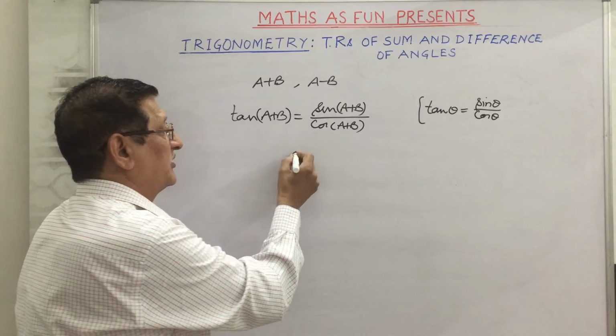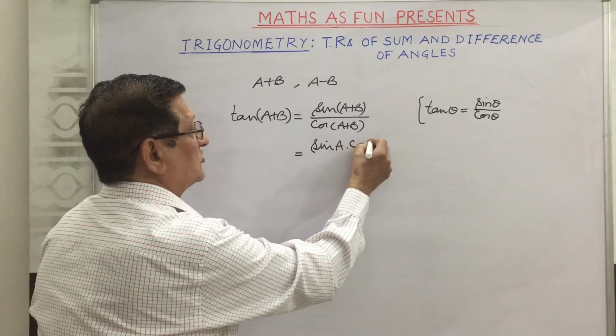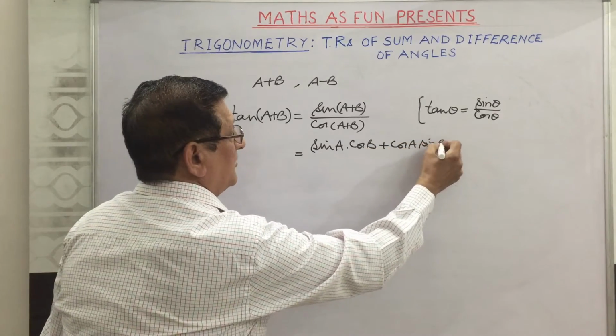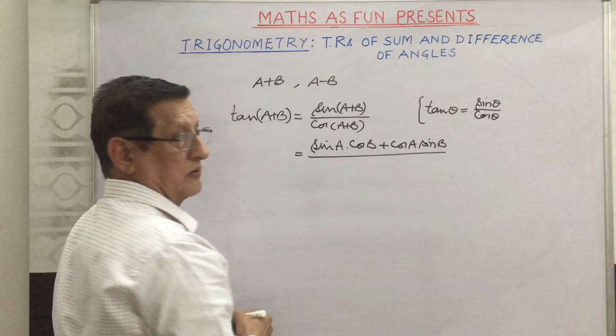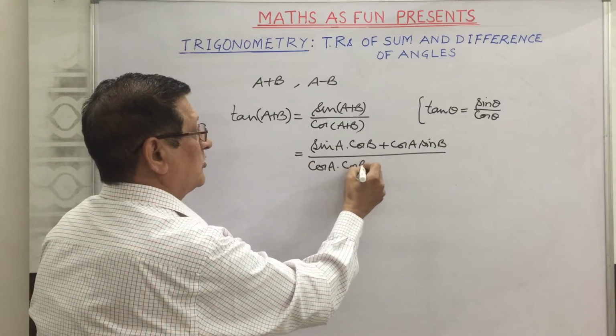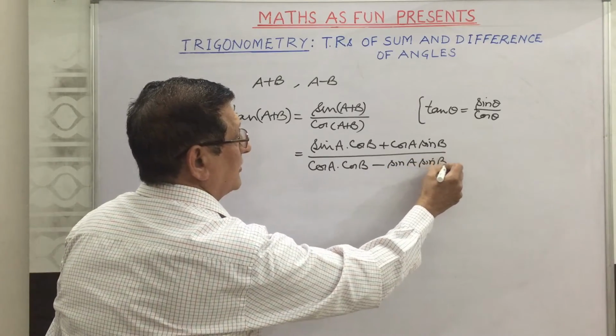If we apply that formula here, this will be sine A into cos B plus cos A into sine B. Cos A plus B is cos A into cos B minus sine A into sine B.